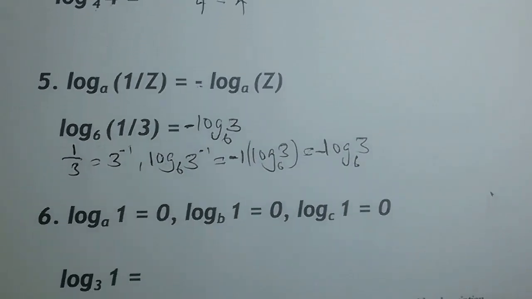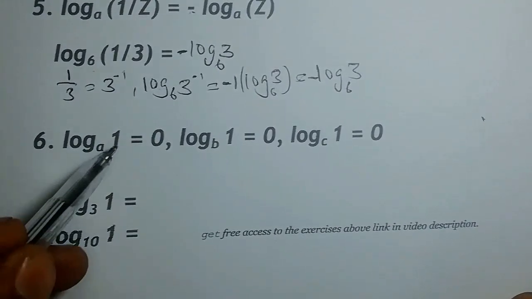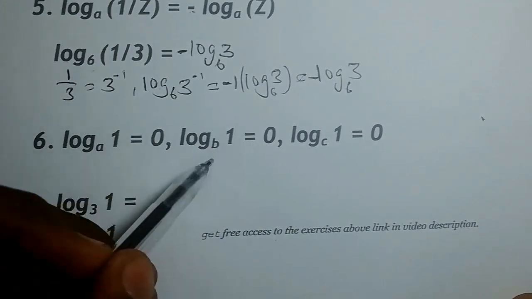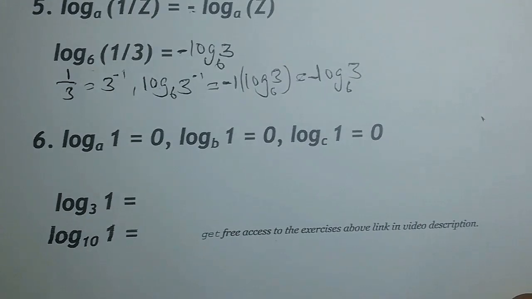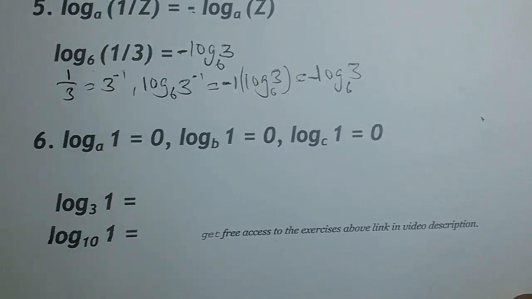So that's how we got the law. And the final law in this video says log 1 base a is equal to 0, log 1 base b is also equal to 0, log 1 base c is 0. So no matter what the base, as long as it's log 1, it will result in a 0.